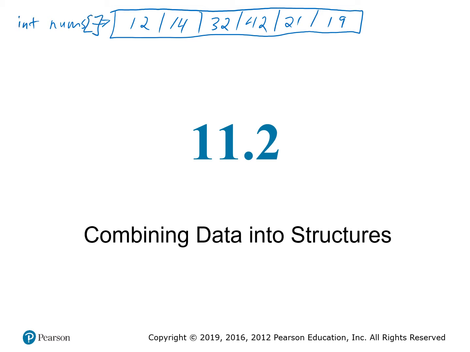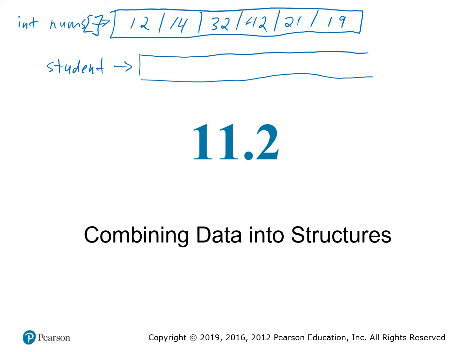Okay. What if we wanted to hold something a little bit different? What if we wanted to create a variable called student, and we wanted the memory box to look like this? We wanted to have a student ID 1, 2, 3, 4, 5, and then we wanted to have a student name.